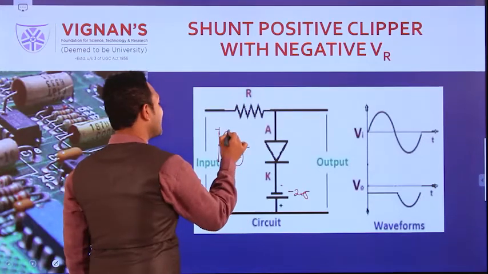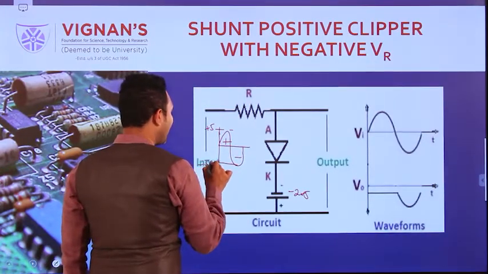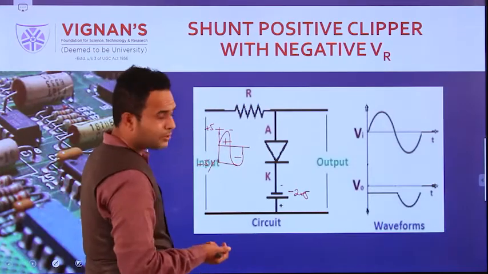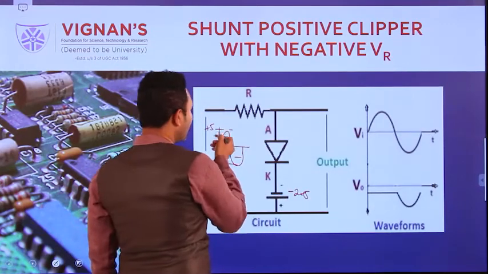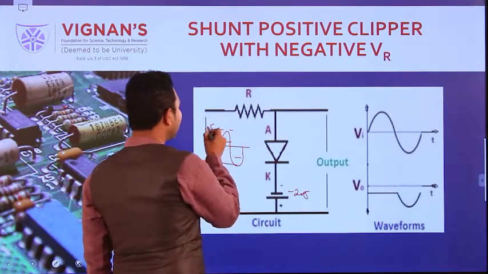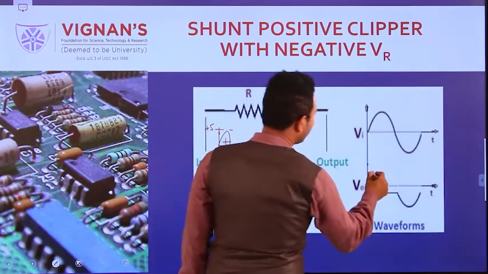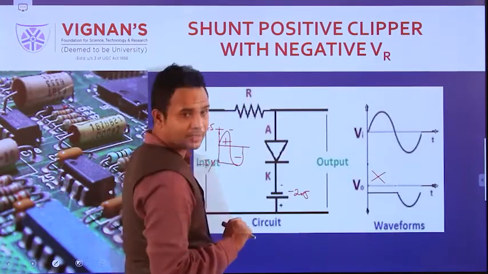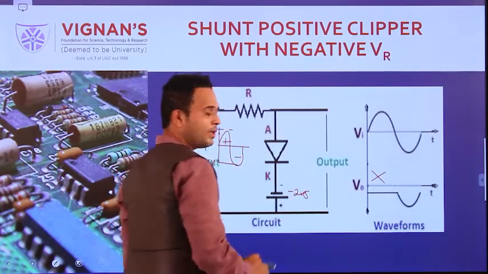This one is the maximum plus 5 volts, and this one is the maximum minus 5 volts. The diode is in forward bias up to plus 5 volts itself. This whole positive peak we are not getting at the output. We are getting only minus 2.5 volts at the output side.